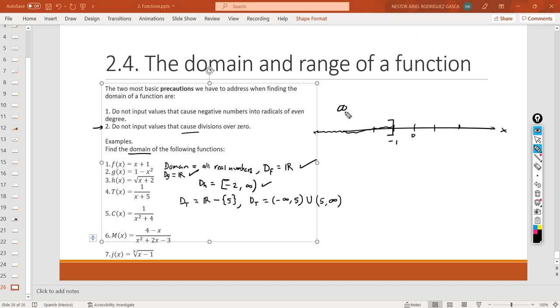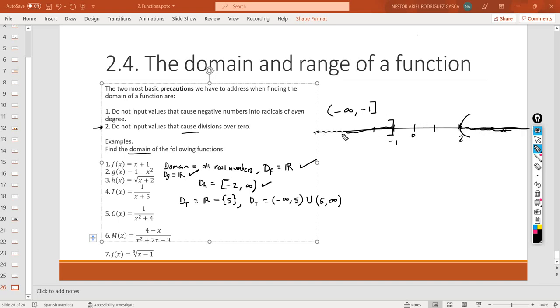It's going to be like this, from minus infinity up until minus 1, including. And I want to join this interval with, let's say, the following: all the numbers from 2, excluding, up until plus infinity, towards the right.